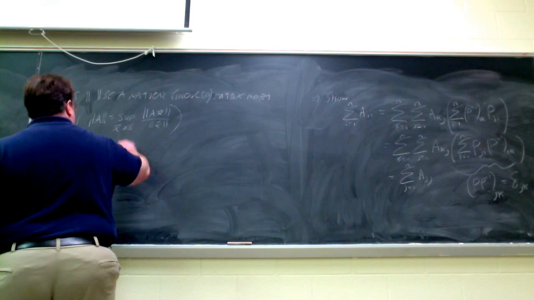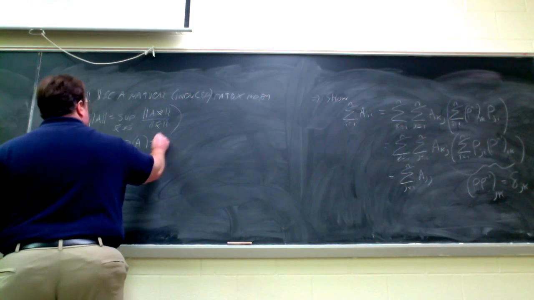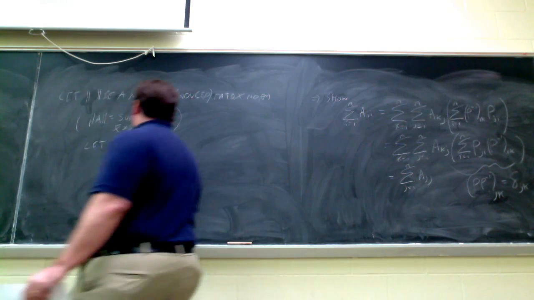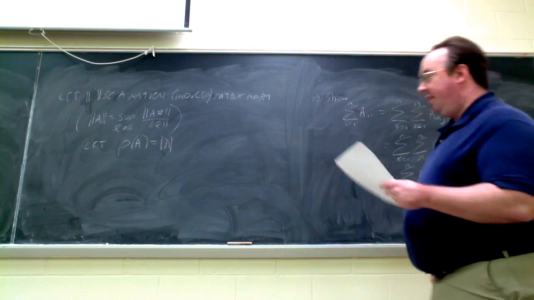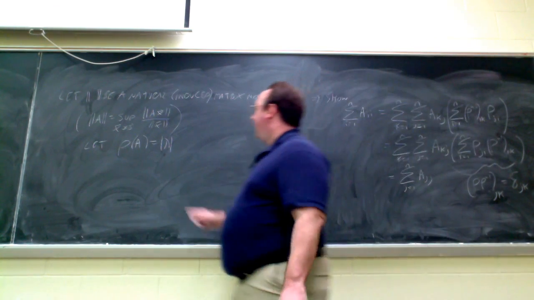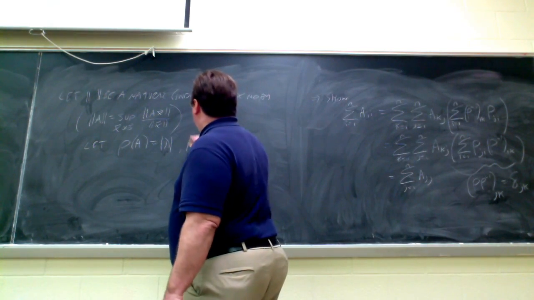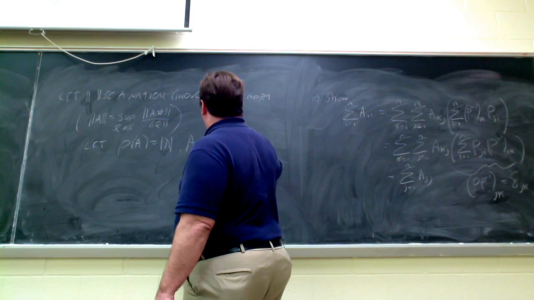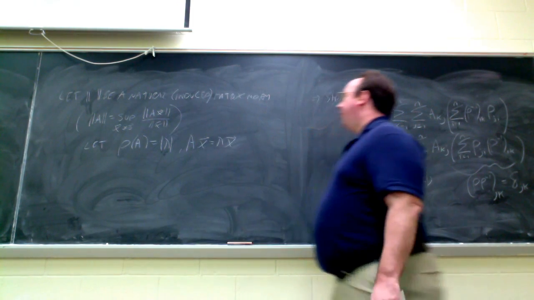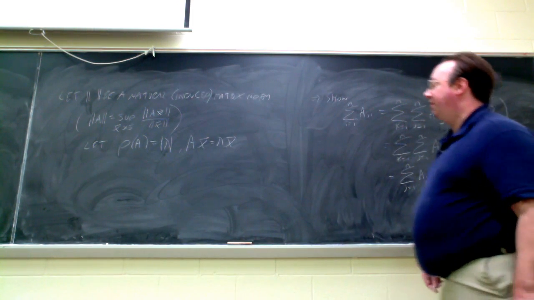So I can say that, let's suppose that the spectral radius of A is equal to the absolute value of some eigenvalue lambda. So lambda is the largest eigenvalue. And let's suppose that X is the corresponding eigenvector.